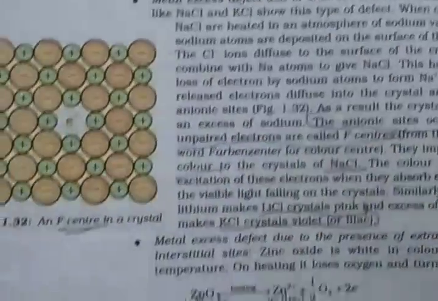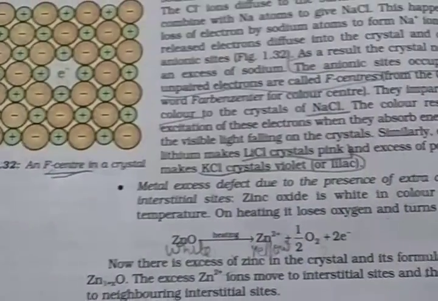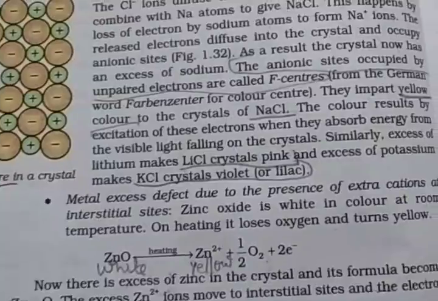So the first is metal excess defect due to anionic vacancy, and the second is due to extra cations at interstitial sites.